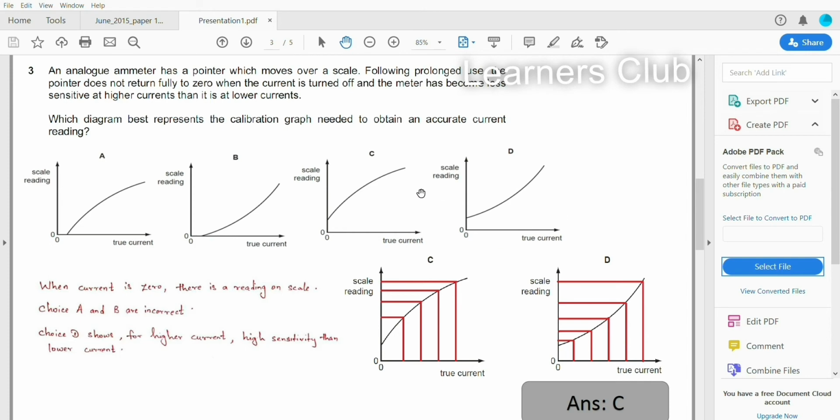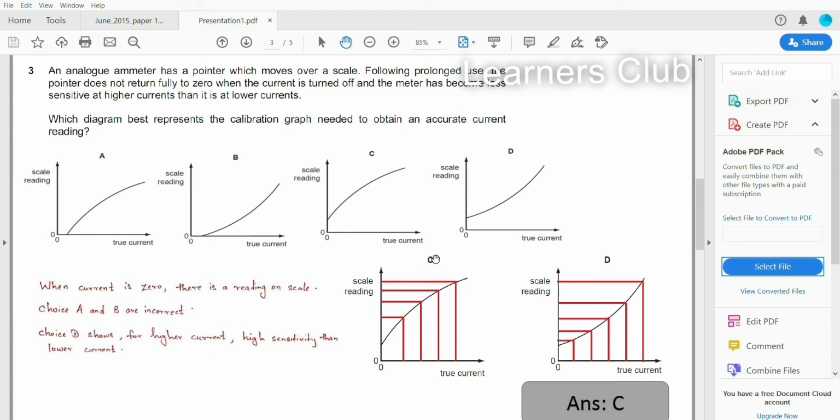Now how can we make sure whether C or D is our answer? The next part of the question says the meter has become less sensitive at high currents than at lower currents. In this case, take equal intervals of current. As you can see these red lines, I have taken equal intervals of current, and then correspondingly I have drawn the scale reading.